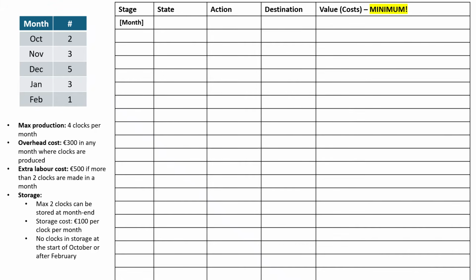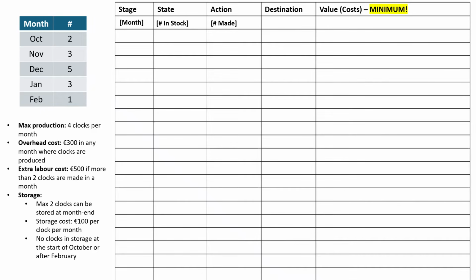When we talk about stage, we're going to talk about months. We always start with stage 1 and we work backwards, so our first month will be February. For our state, we need to think of what's happening at the start, so in terms of our stock, what do we have in stock at the start of that month? The action is then what happens during the month, so how many of these clocks do we make throughout that month?